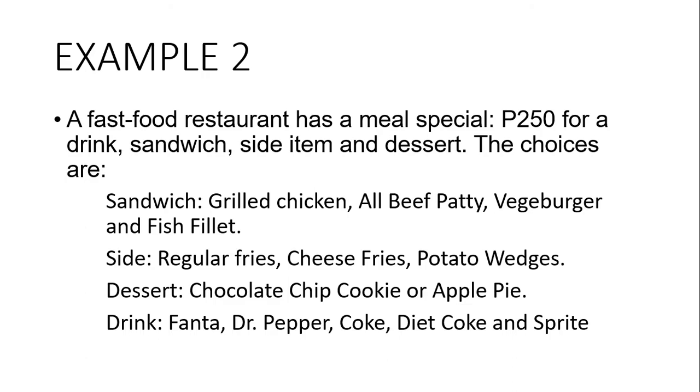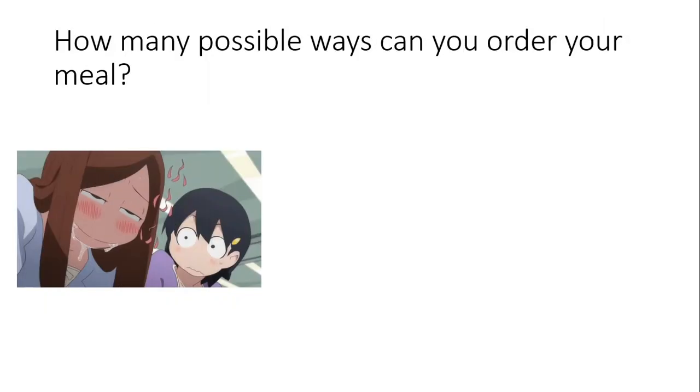For dessert, they have chocolate chip cookie or apple pie. For drink, they have Fanta, Dr. Pepper, Coke, Diet Coke, and Sprite. The question is, how many possible ways can you order your meal?